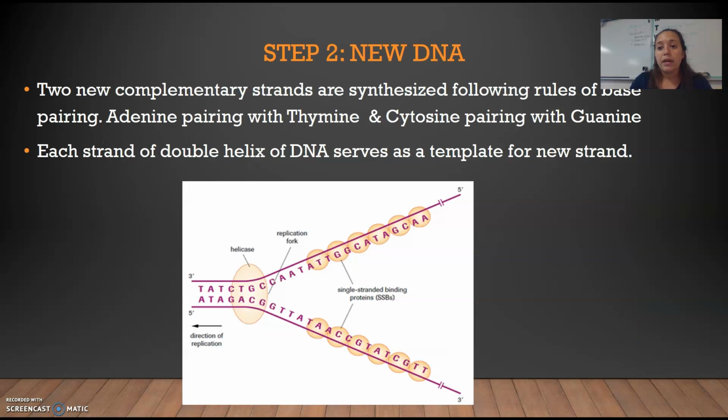Step 2, we're going to make a new complementary DNA strand. The reason why they call it a complementary strand is because, and I'll get to this in a minute, by the way, this is your replication fork. See it right there? And this is the helicase. So the two new complementary strands are synthesized following the rules of base pairing. So this has been separated by helicase already. Then once the separation occurs, you're going to recreate it with the pair.